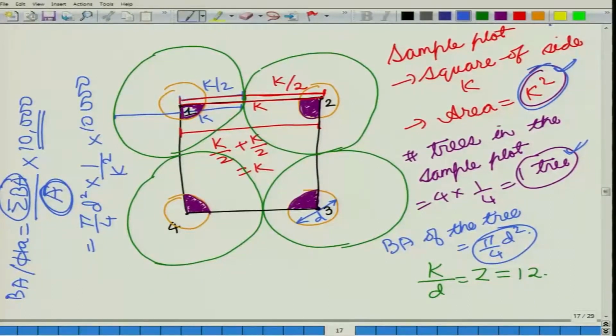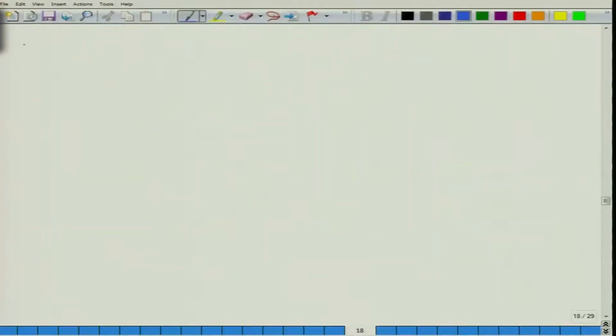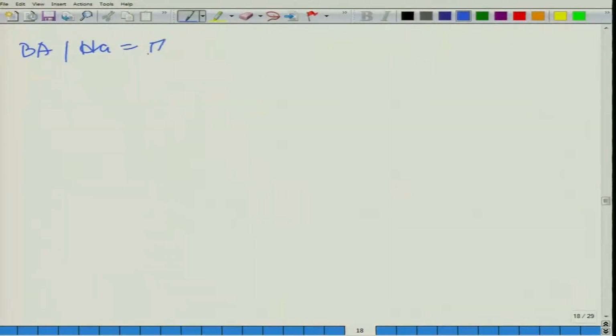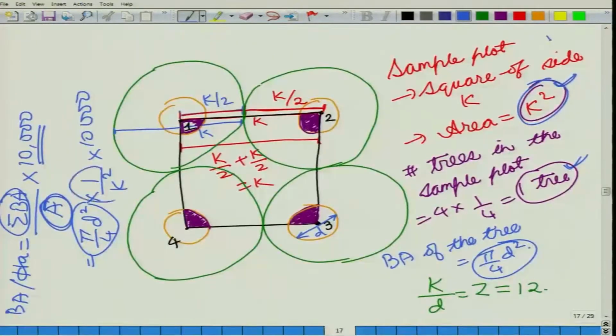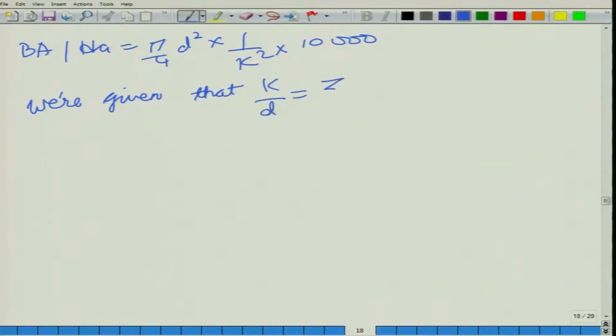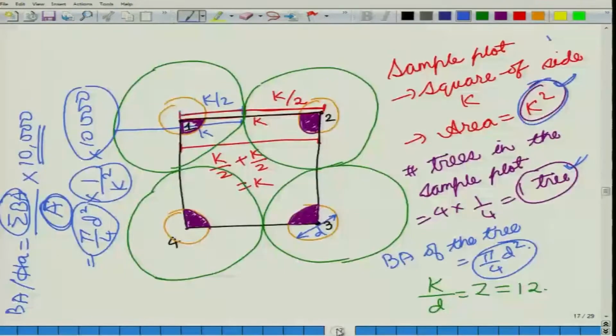Now in this equation, let us write it here. The basal area per hectare is given by pi by 4 d square into 1 by k square into 10,000. Now we are given that the ratio of k by d, which we can also refer to by this number z, is equal to 12.